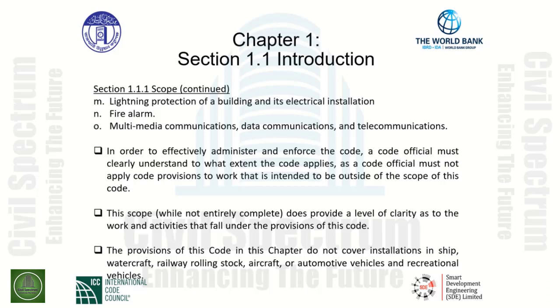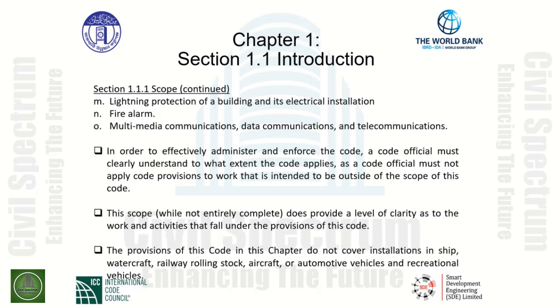In order to effectively administer the code, a code official must clearly understand to what extent the code applies. As the code official applies a given code provision, the intent is to make sure that the application fits the scope of the code.